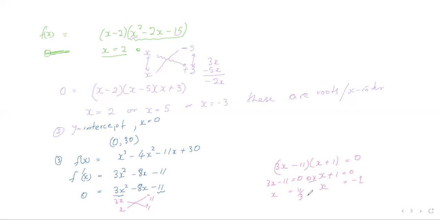Now this is the value of x on a turning point. If we have to give the coordinates here, we have to say f of 11 over 3 and f of negative 1.